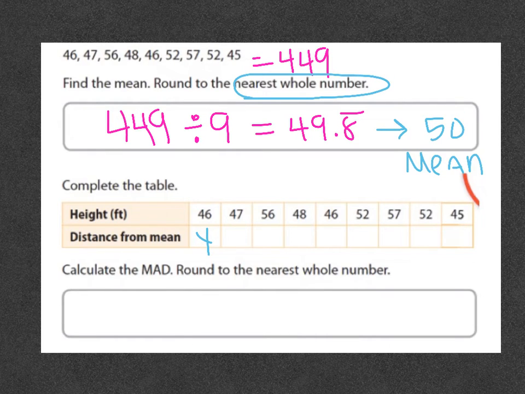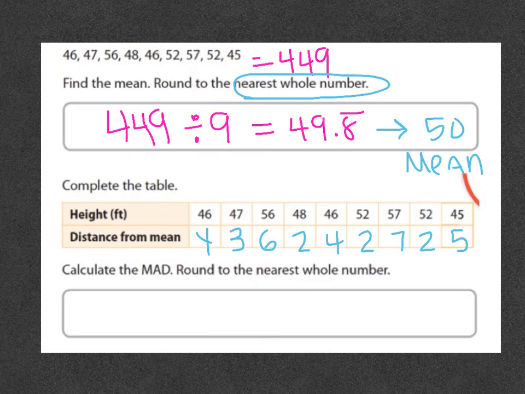Then 47 is 3 units away. 56 is 6 units away. And then I'm just going to keep filling these in. Okay, there's how far each unit is away from the mean.